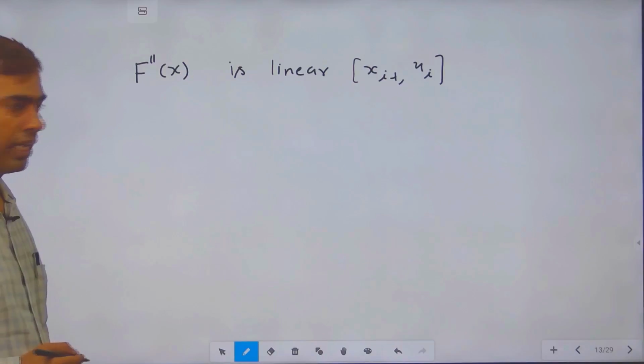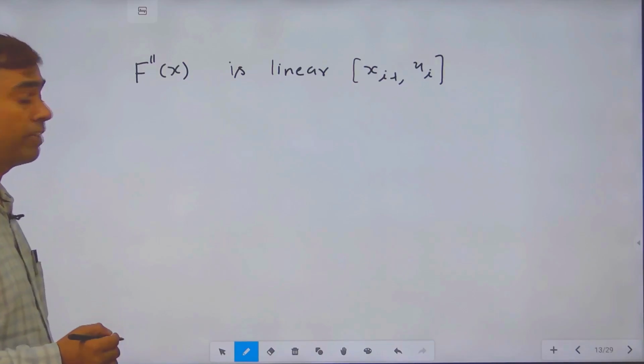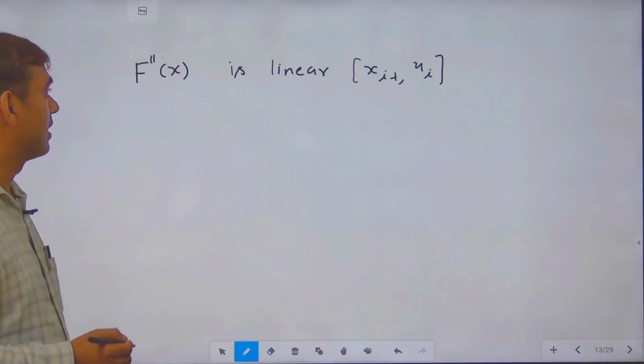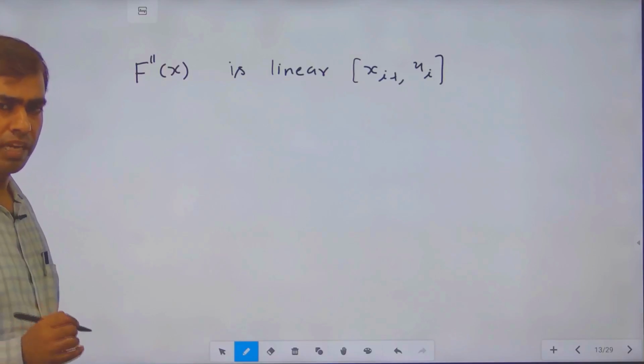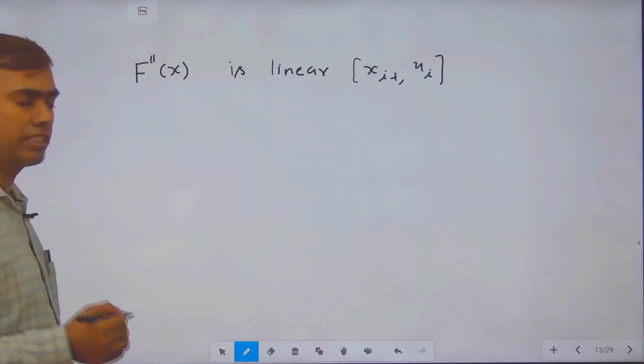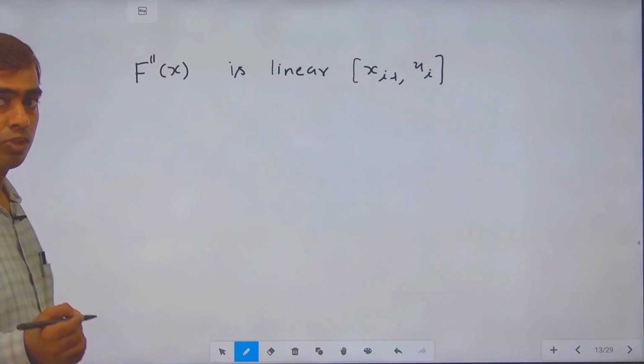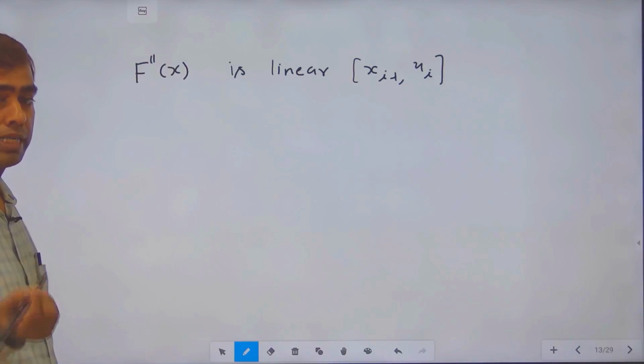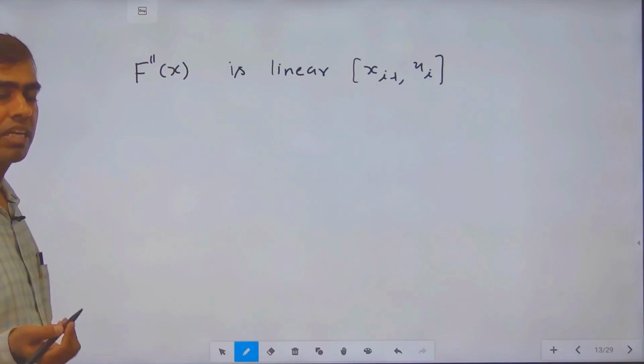So, as we know how we fit a linear polynomial with the help of a Lagrange function, we use the Lagrange interpolation formula. The Lagrange interpolation formula for two ordinates, that is two nodal points or two nodes.